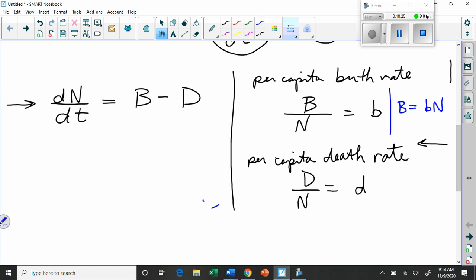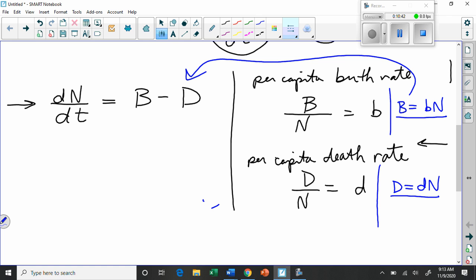Right. And the same over here. I can write that capital D is the same as little d times big N by multiplying both sides by n. And then, if I take these little things, I can substitute them over here, because I can replace now the big B with the little b and the n.